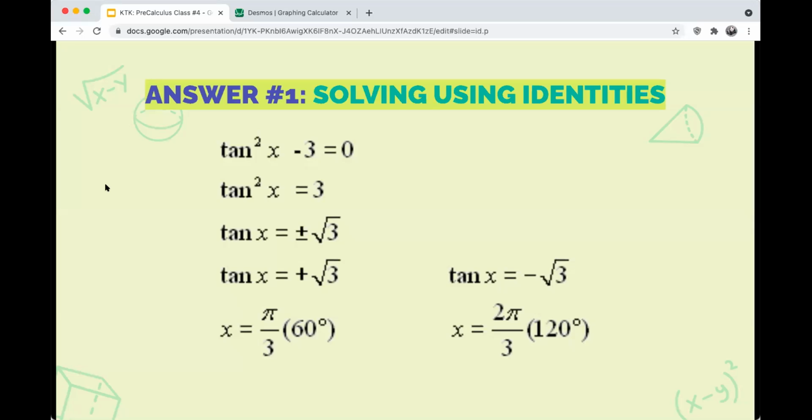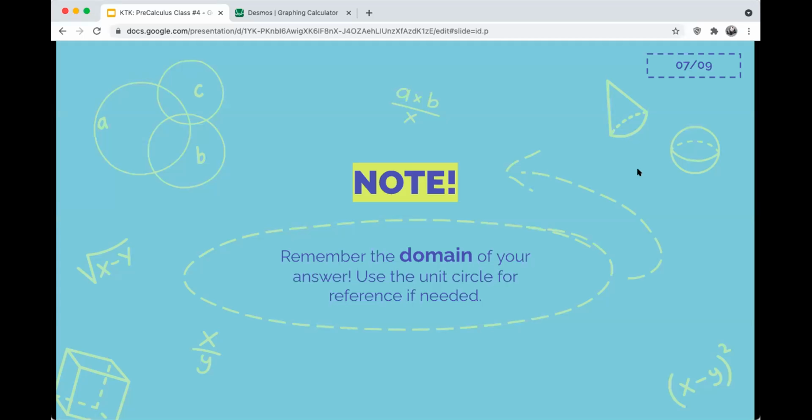Usually when you're taking a test or a quiz or doing a homework assignment, it'll be specified that they want the answer in radians or in degrees, so I wouldn't worry about that. But also on that topic, remember the domain of your answer. Use the unit circle for reference if needed.